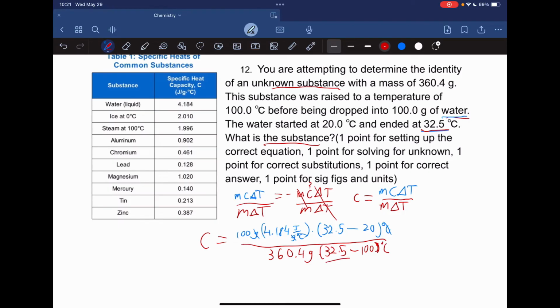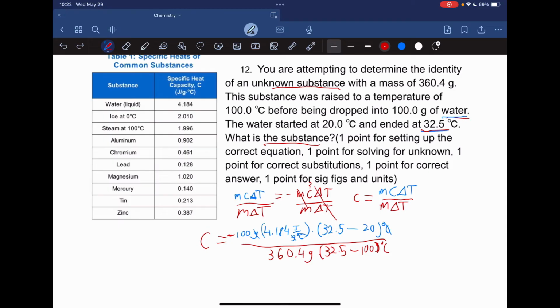Down here, this is going to get us a negative number, which is fine. But the problem is I forgot to carry over that negative sign from our original equation. So let me put that negative sign in there. That's going to cancel the negative sign given by that change in temperature expression, giving us a positive value in the end.